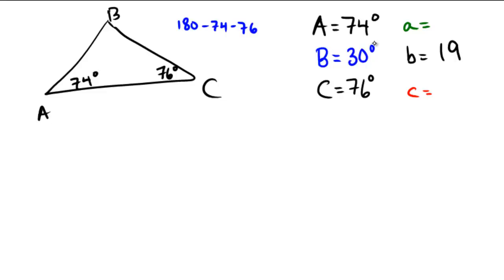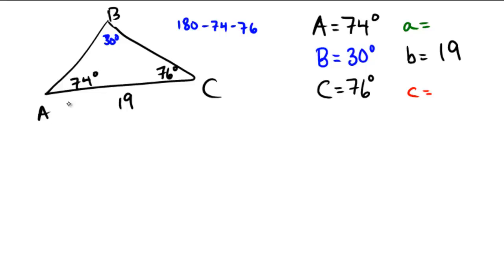Now the sides. With the 30 degree angle labeled up here, we can now try to find the other information. B is labeled as 19, so we can use sine B over B to set up our ratios.